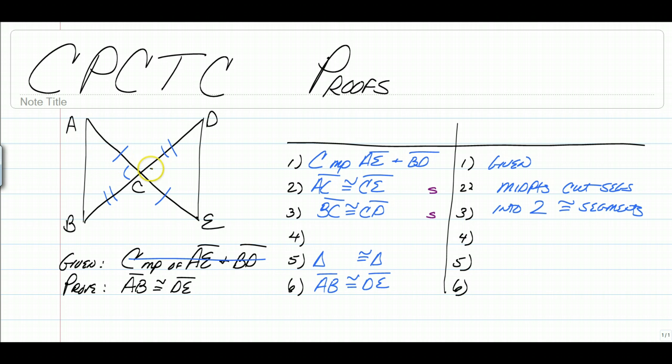And we are going to look and see that we have vertical angles. So we have angle ACB is congruent to angle DCE because all vertical angles are congruent. Don't forget, you have to tell me that vertical angles are congruent. You can't just say vertical angles. You're not telling me anything about vertical angles. Got to be specific.